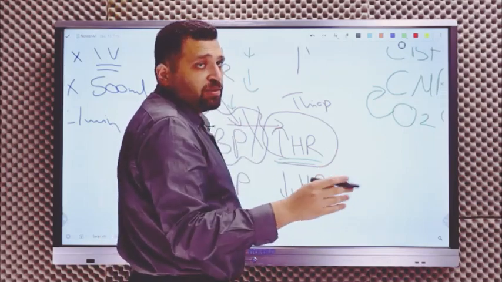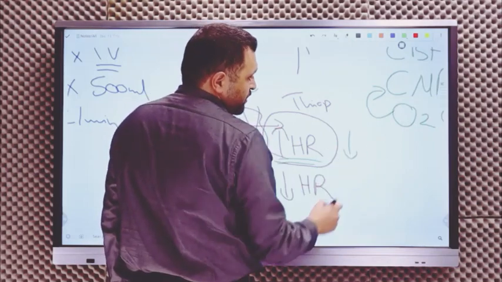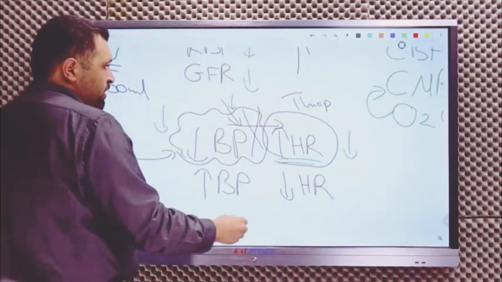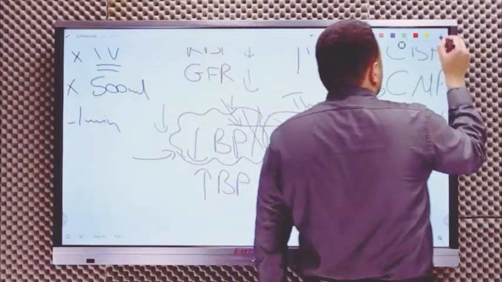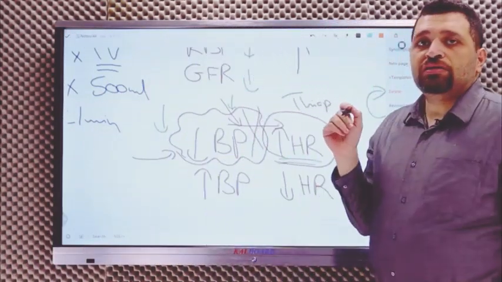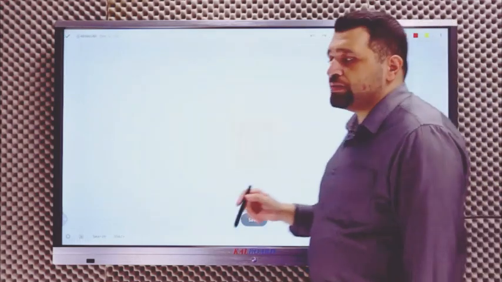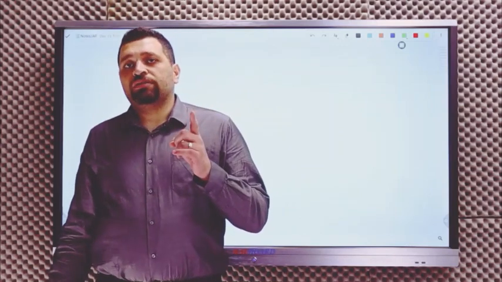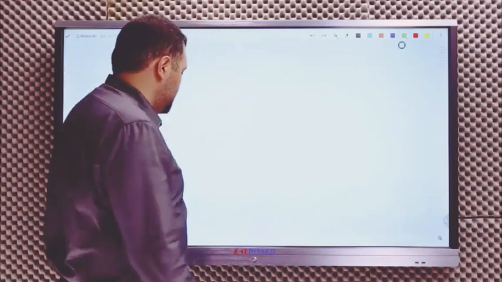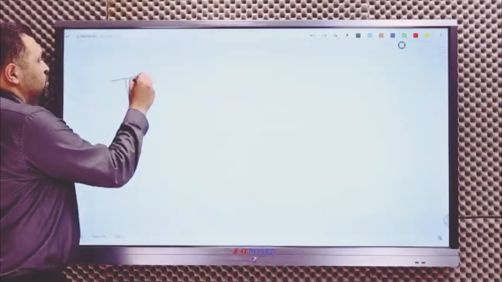It can remain the same, but most likely it will decrease. So now we understand the only difference between thiopental and propofol. They both decrease everything except heart rate, which is increased in thiopental and decreased in propofol.